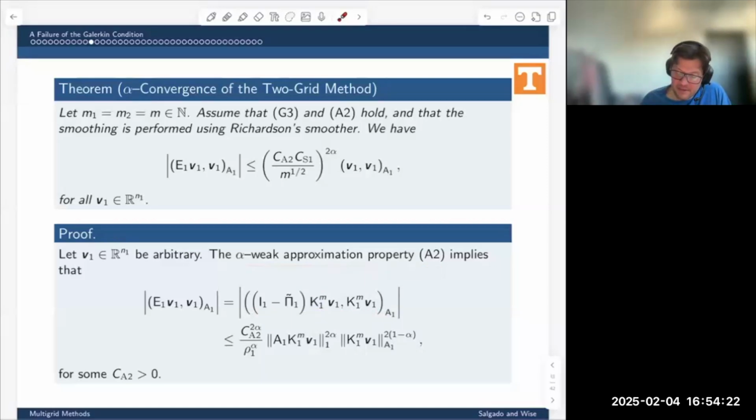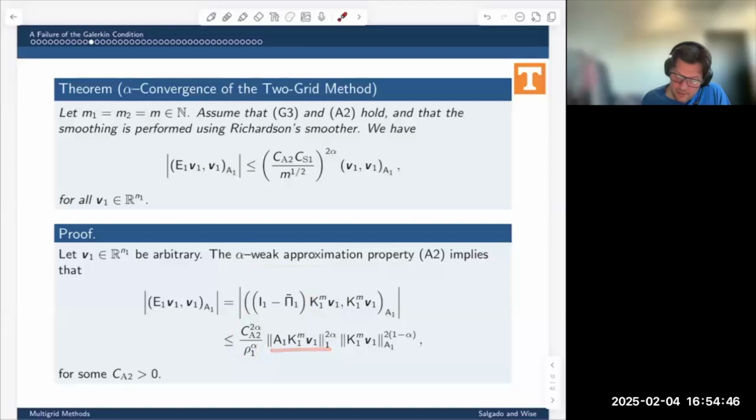That says that I'm less than whatever vector this is, some complicated constant, where alpha, remember, has to be some number between 0 and 1, not inclusive of 0, but possibly inclusive of 1. Whatever vector this is, it gets multiplied by A1, and we take the 1 norm of that and raise it to the 2 alpha power.